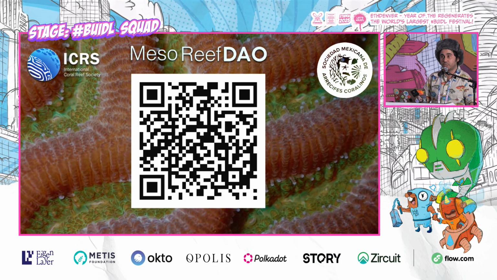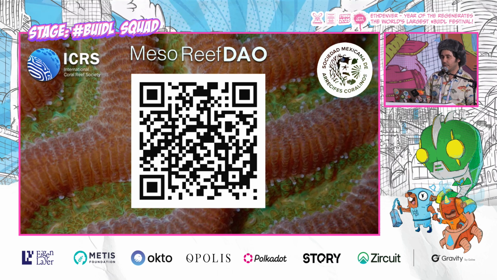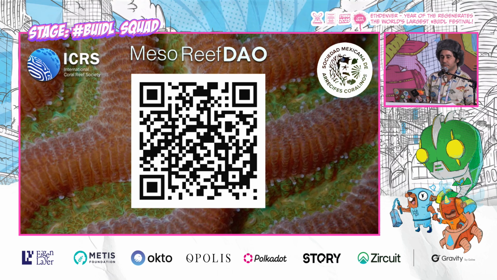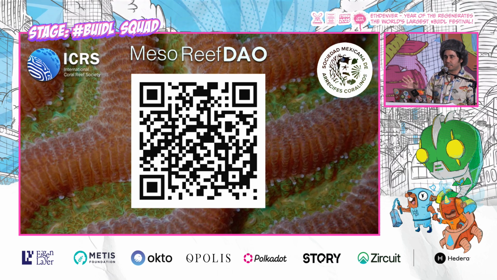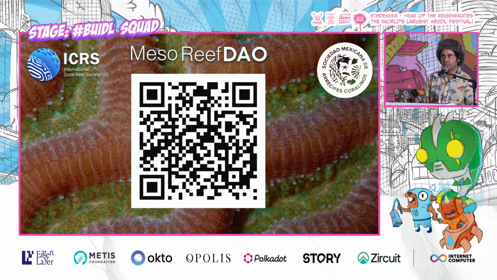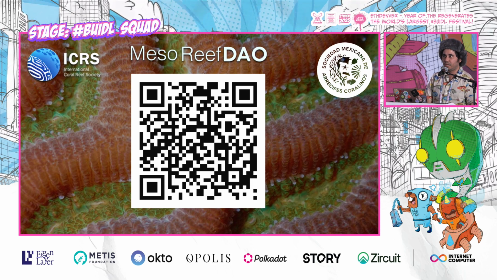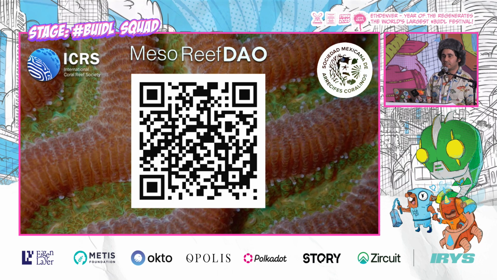We also participated in a series of talks by the Mexican Society of Coral Reef Ecosystems, a chapter of the International Coral Reef Society. So we're making a presence in the traditional field, and we believe we need to create a hybrid model in research, using the DeSci stack to leverage this.